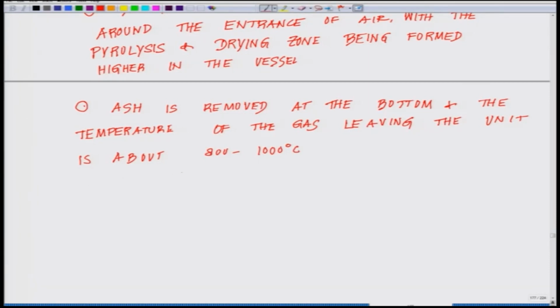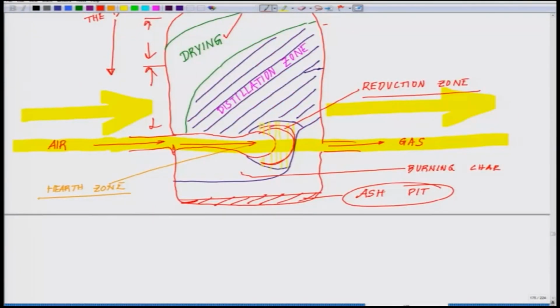Thus, what you are getting in such a situation is that the system has low efficiency and the gas has higher tar content. Why is it so? If you look at the anatomy carefully, this is the only zone where most of the reaction is taking place, so there is no other way you can remove the tar.